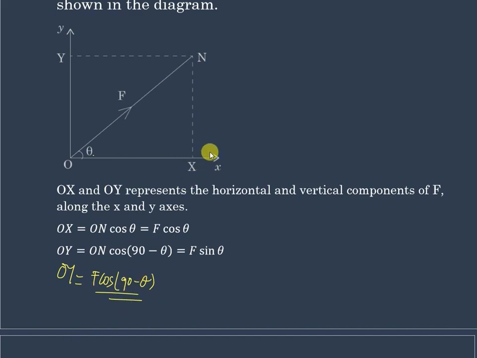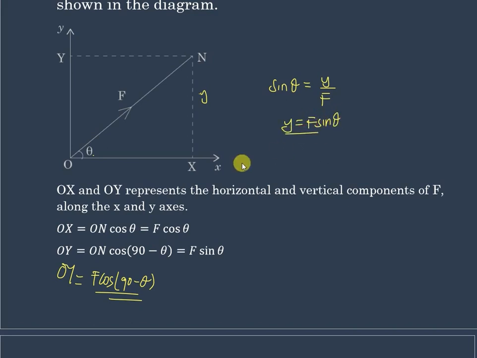But you can also get it by looking at it this way: if this is our y, let me use small y, you see that sine of theta is equal to opposite over hypotenuse, which is y over F, such that y is equal to F sine of theta.